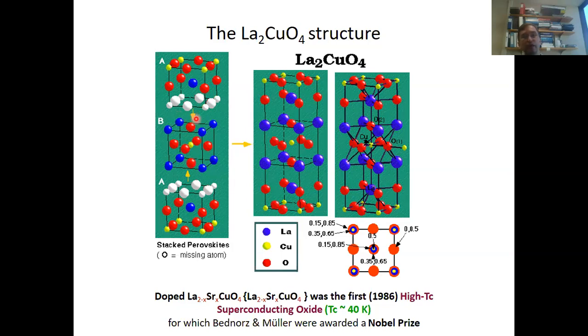And in addition to that, the lanthanums occupy the corners, so they also occupy sphere sites. And then the copper occupies 1/4 of the octahedral holes. In particular, it occupies the one in the body center. All right, so this is overall a B cell.